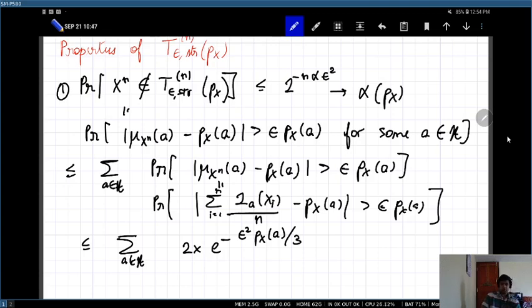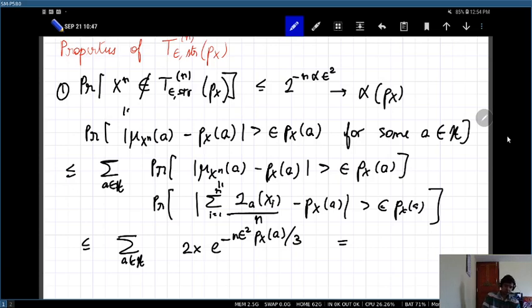You can get this bound easily from, say, Wikipedia. This is a bound which is not very tight, but it's reasonably good, and since script x is independent of n, this is n times epsilon square px of a divided by 3.